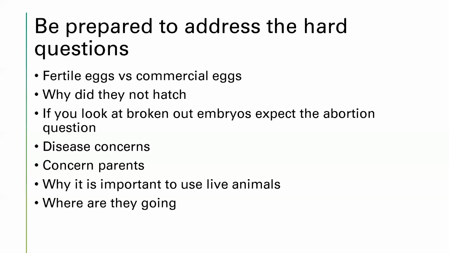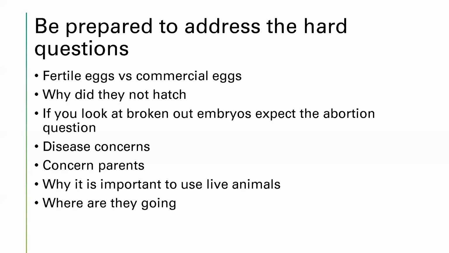Be prepared to deal with concerned parents. Parents may be concerned about the potential for disease. They may be concerned about the use of animals. They may be concerned about the fact that there's an incubator in the classroom and what the kids are seeing. So be prepared to deal with concerned parents.